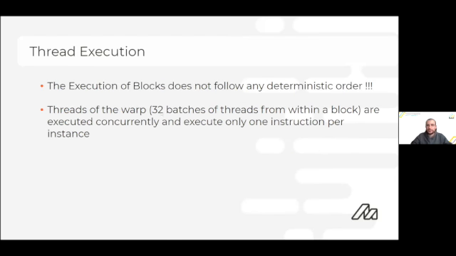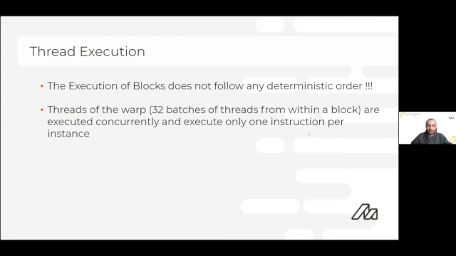So as we mentioned, threads are going to be executed in batches of 32 threads from a single block, and there is no deterministic order in which blocks are going to execute.